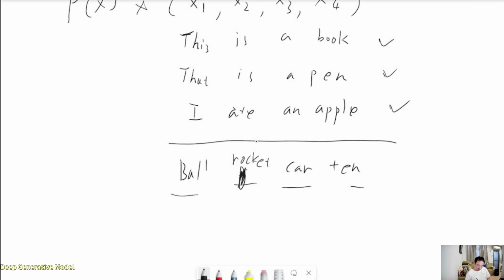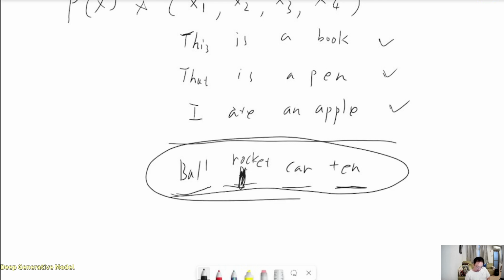So the probability of this being written by a person trying to write a sentence of 4 English words is low, less likely to appear in the samples.